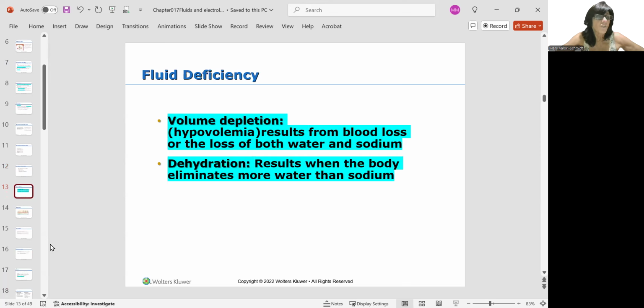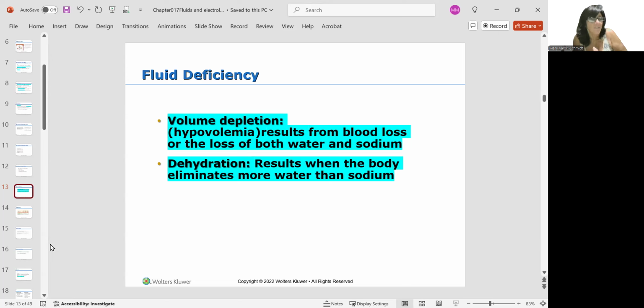Okay. So let's talk about deficiency of fluid. Don't confuse hypovolemia with dehydration. Hypovolemia or volume depletion is a loss of water and sodium, or a loss of blood. You get stabbed and you're losing fluid volume.